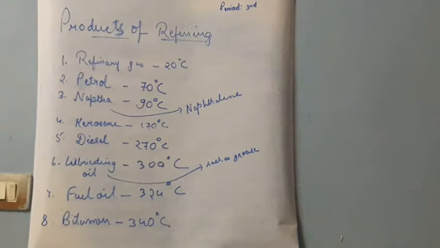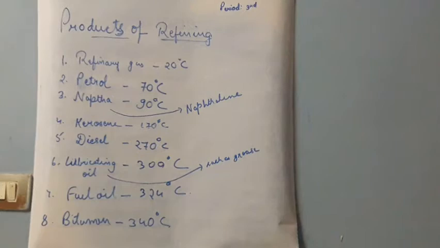Now let's see some uses. Refinery gas is usually used in bottled gases like LPG, liquefied petroleum gas, which we use in our homes. Then petrol; we all use bikes, scooties and everything, so petrol is used for vehicles.